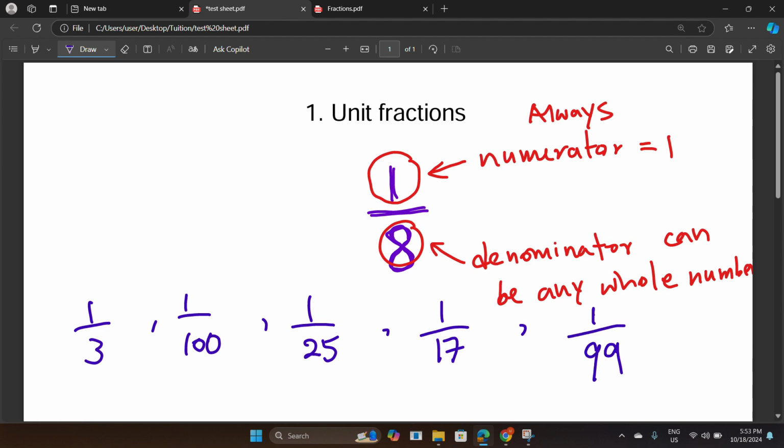See, in all these examples, the numerator is 1. The denominator can be any whole number like 325, 17, 99. Likewise, it can be any whole number. That's all about unit fractions.